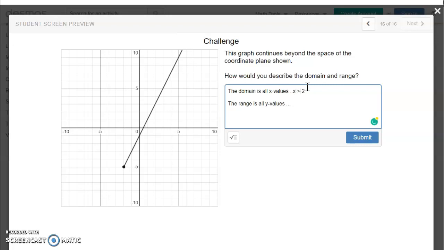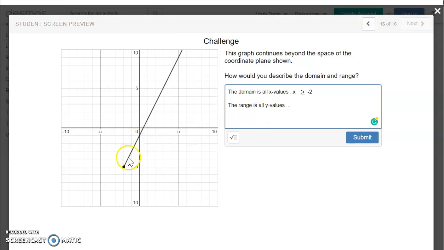Okay, so you don't have the math writer for this one? Oh, no, actually you do. Okay, it's greater than or equal to, like so. Okay, what this is saying is, let me get rid of this. What this is saying is that we have graph as long as x is bigger than -2.